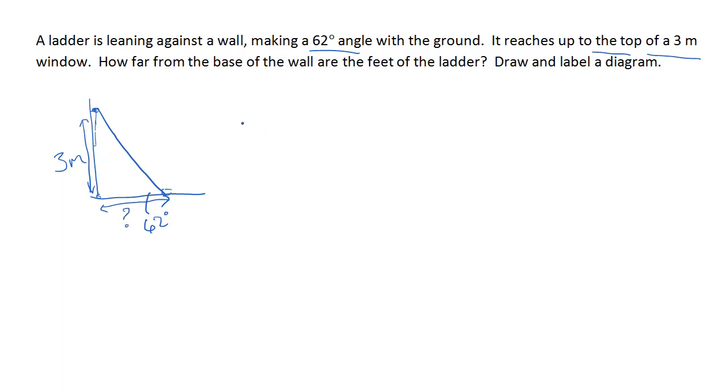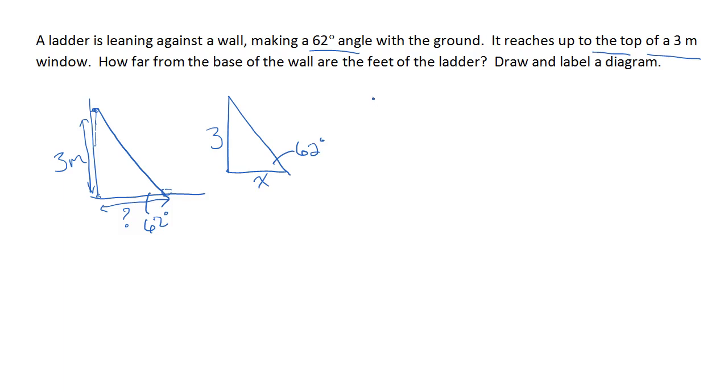So we can translate this over a little bit neater perhaps into just a triangle. This triangle we know has a 62-degree angle, and we want to find out this side length, and we know that this side length is 3 meters. Well, according to this angle, we have the opposite side and we want to know the adjacent side.